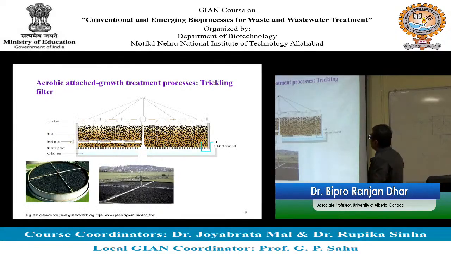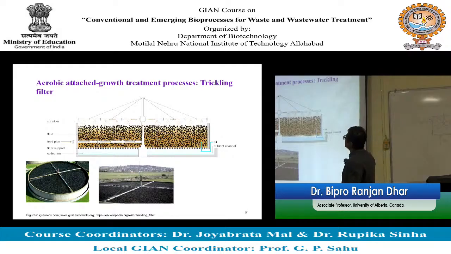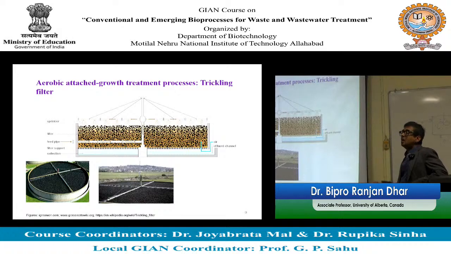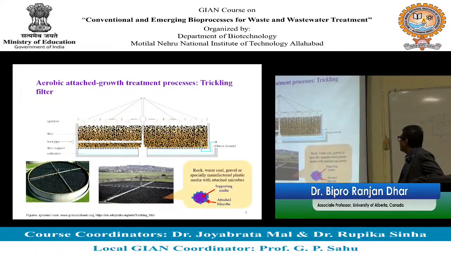Another process that can be used is an aerobic attached growth process. One of the common ones is the trickling filter. In a trickling filter you have a bed of media. That media could be different types of material.